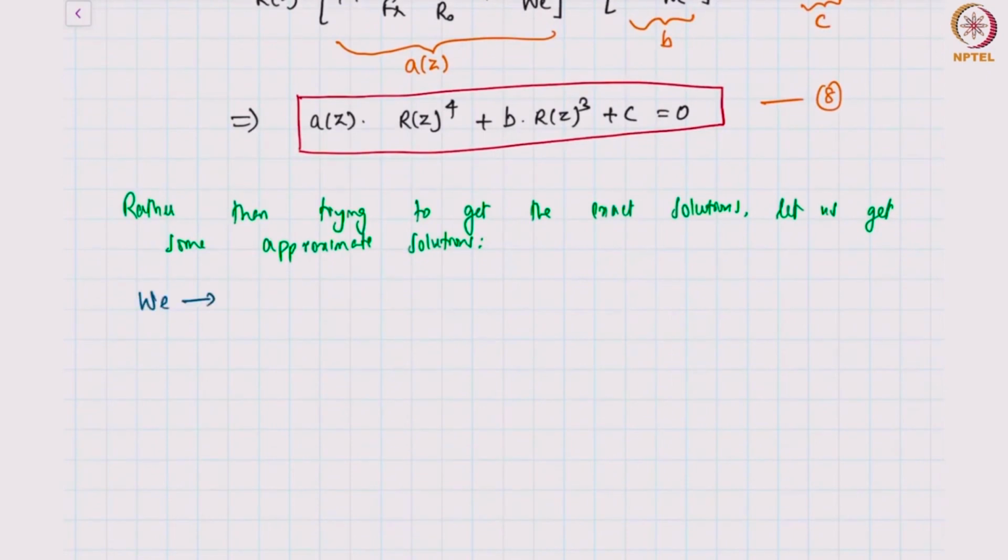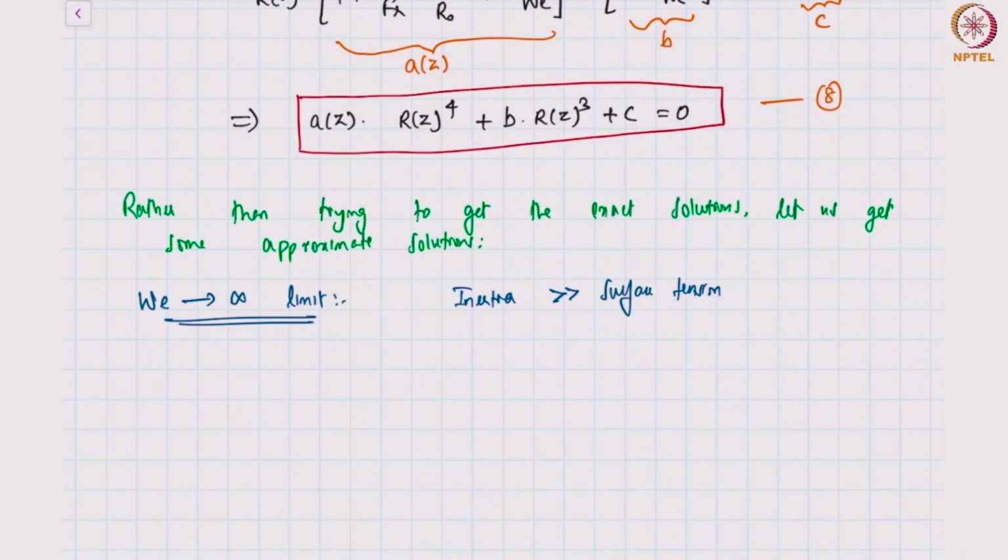Weber number very large limit, which means that inertia is much larger than surface tension, and therefore you should expect that in that limit surface tension will cease to be important, and now you have a balance of only inertia and gravity.